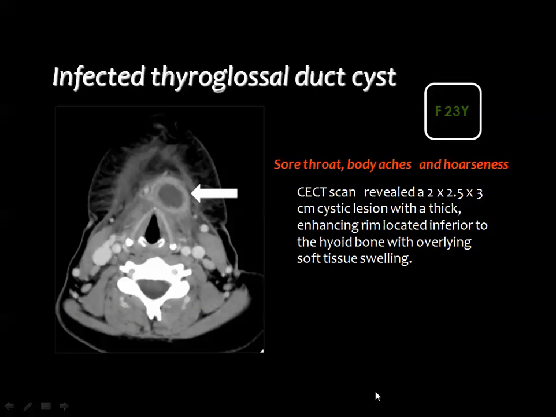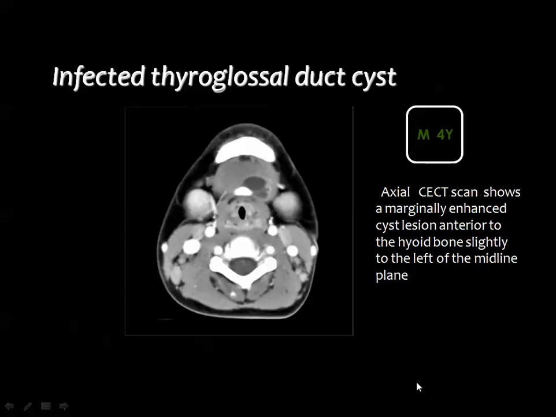If this cyst is secondarily infected, you get an abscess, and the marginally enhancing lesion, which is almost exactly in the midline, is suggestive of an infected thyroglossal duct cyst, and you can see the stranding of the surrounding and subcutaneous fat planes.